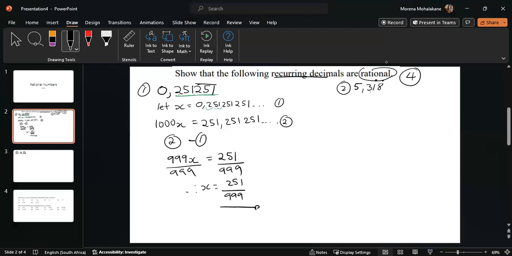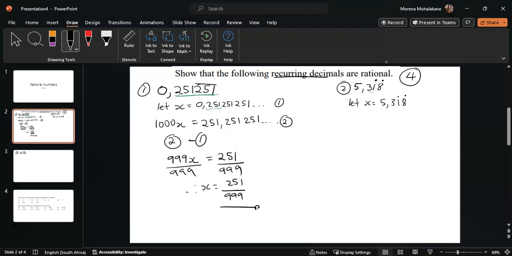Let's get to the second one. Again, I need to have the same numbers after the decimal. They should be the same, recurring only after the decimal. First thing, let x be equal to what is given. You can see the numbers that are repeating are just 1 and 8, excluding the 3.